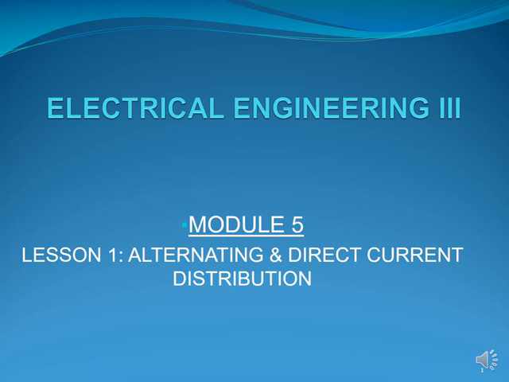Then, as the years progressed and the need for electricity rose, we invented the transformers. And with the transformers came the alternating current. And so, what we're going to do in this chapter is discuss both the DC as well as the AC distribution systems that we have.